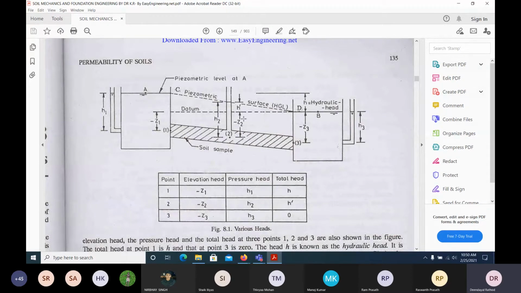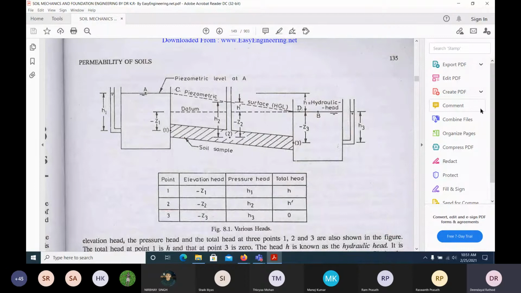When you insert it here, it will show the loss of head from point A to point B. That is called the hydraulic head, measured compared to the datum. The dotted line is the datum line.